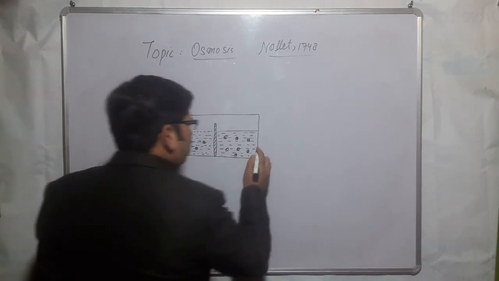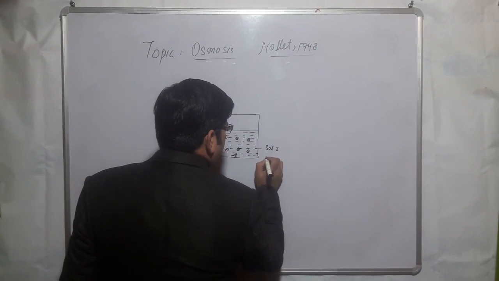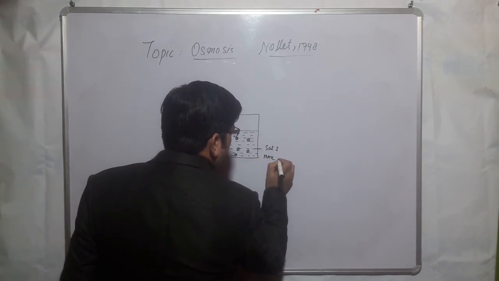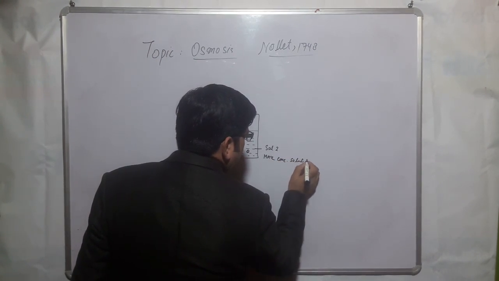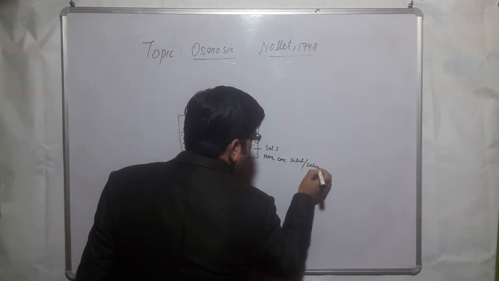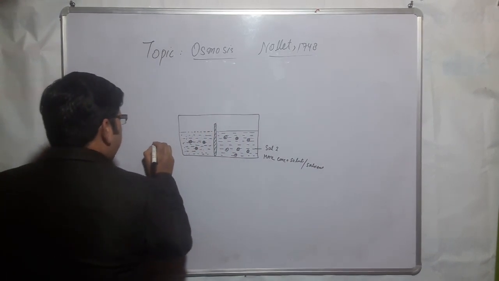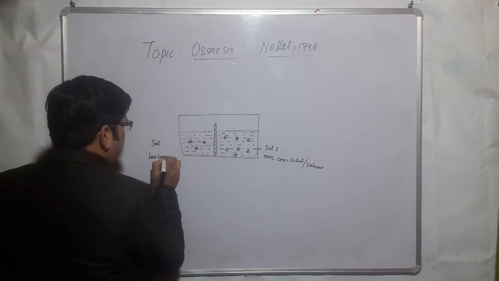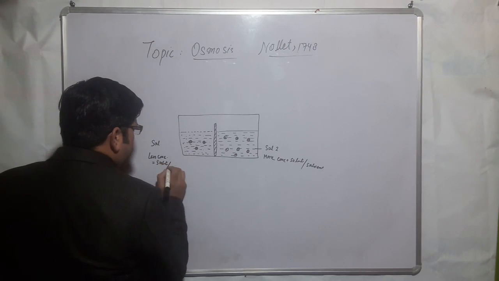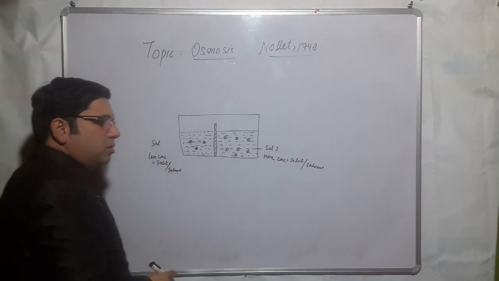So this solution 2 is more concentrated. That means solute per solvent is more. That's what exactly concentration is. This first solution is less concentrated. That means solute inside solvent is less as compared to solution number 2.